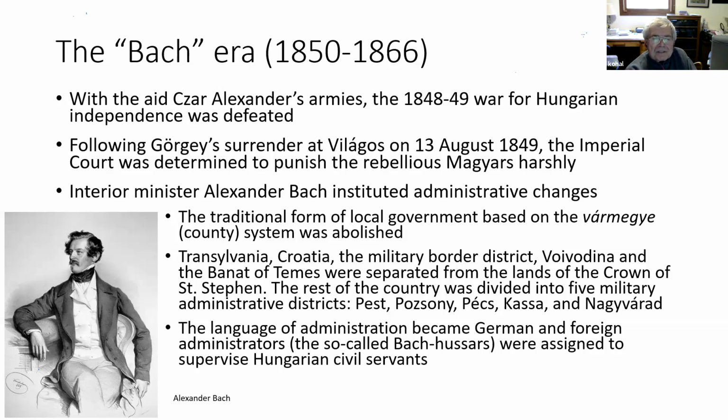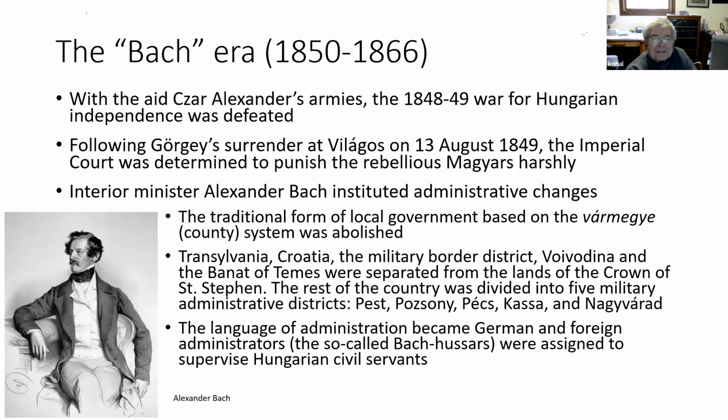The rest of the country ended up being divided into 5 military administrative districts. And to rub salt in the wounds of Hungarians, the local administrators were paired up with German administrators who were brought into the country.